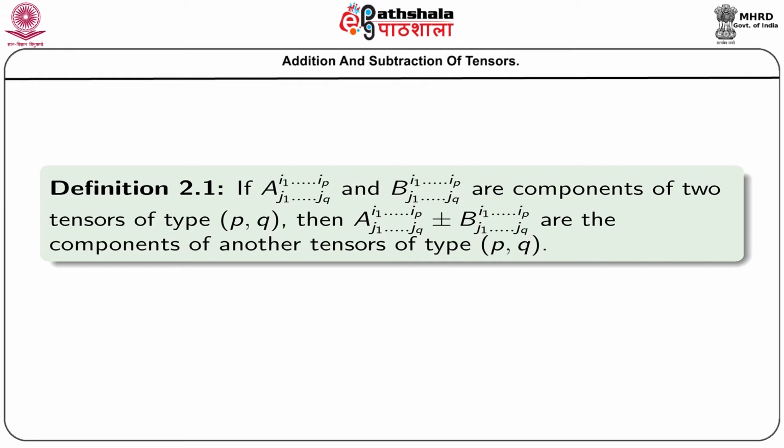So, for addition and subtraction of tensors, the tensors should be of the same type, that is important. Here it is given in the type (p,q) form. So, after addition or subtraction, it will be a tensor of the same type (p,q).